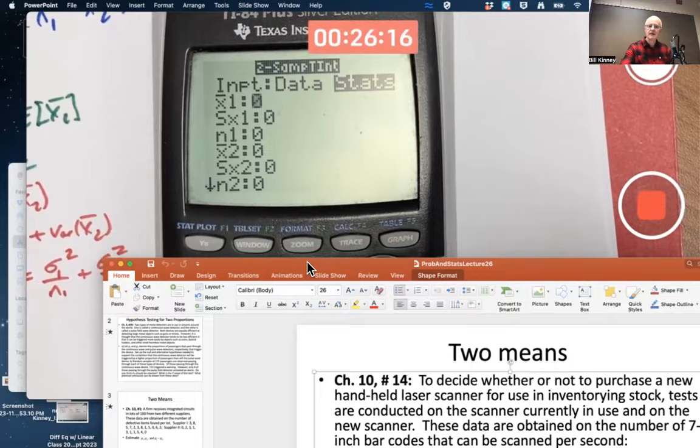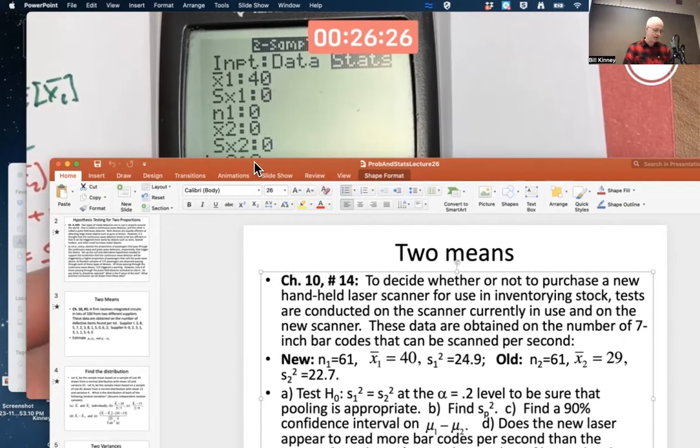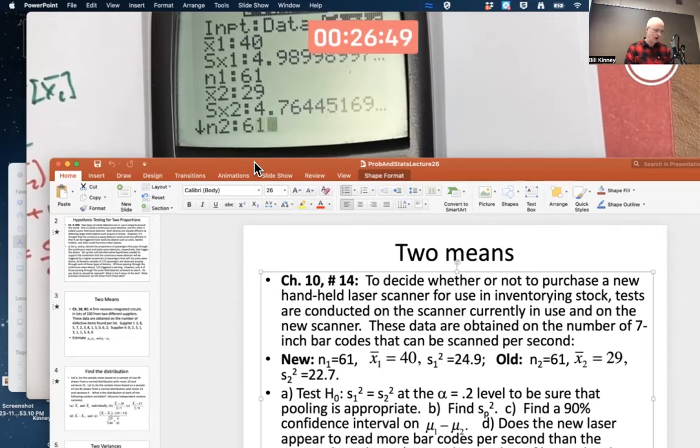X1 bar, look at the problem statement here, is 40. S1 is, well, careful, square root of 24.9, right? The problem statement is giving me a variance, but the calculator wants a standard deviation. N1 is 61. X2 bar is 29. S2 is square root of 22.7. And N2 is 61.